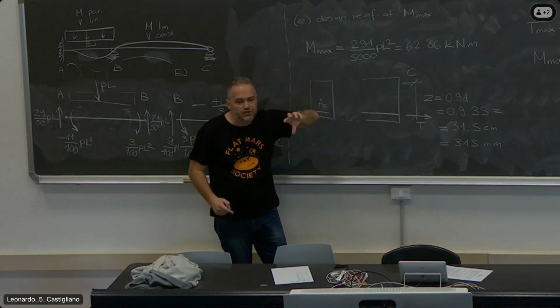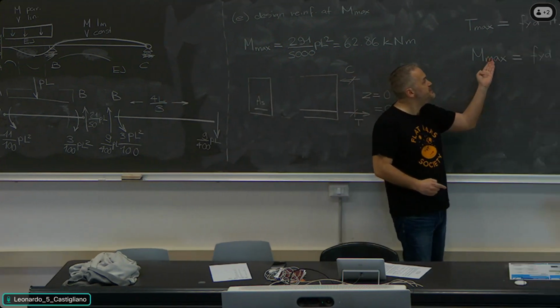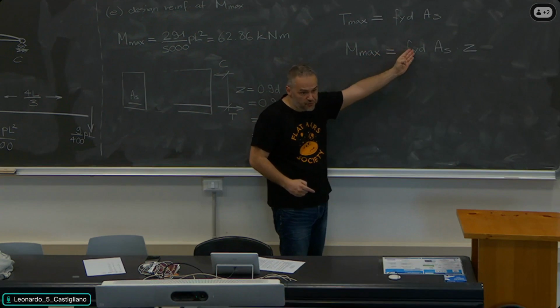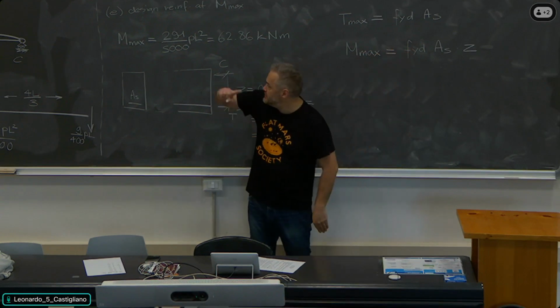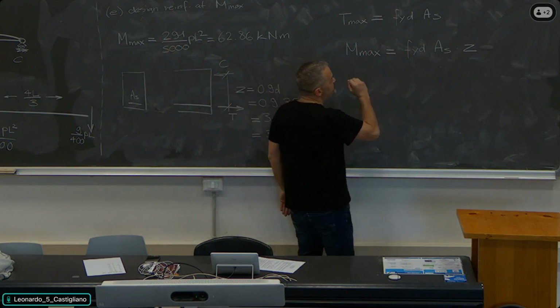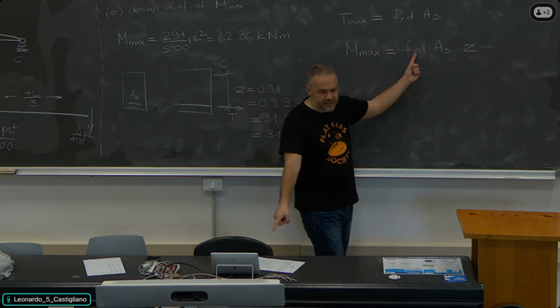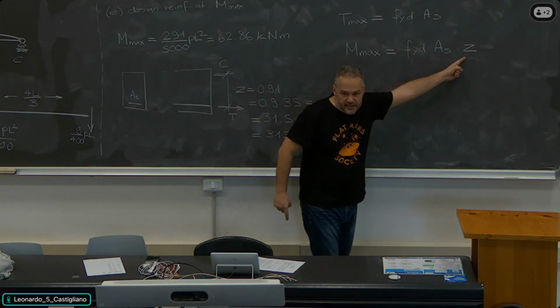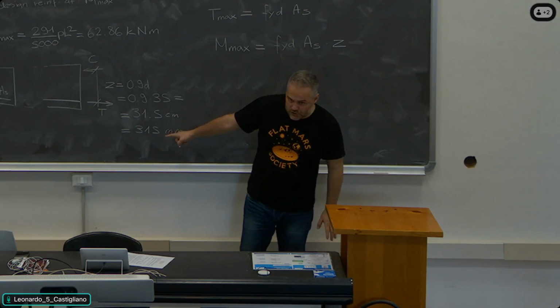How do we use it in design? If this is the maximum moment the reinforcement can provide, I put this maximum moment equal to the design value. FYD is known, it's a given. The internal lever arm I just worked out in an approximate fashion, so it's okay.